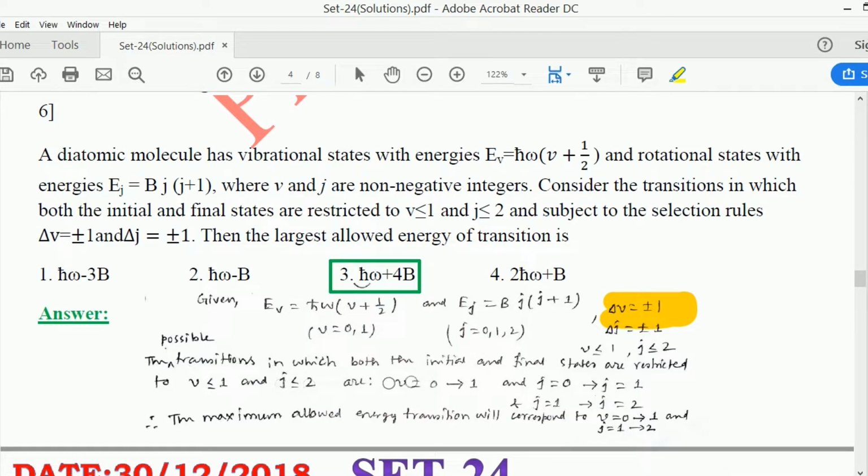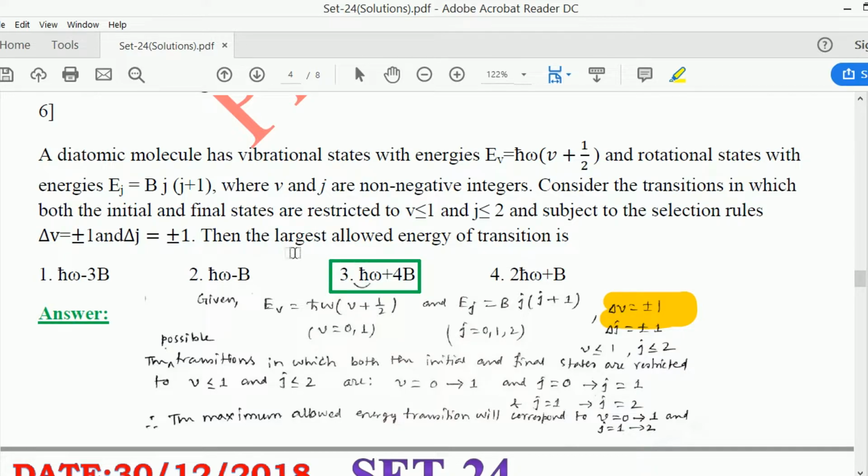The possible transitions in which both the initial and final states are restricted to V less than or equal to 1 and J less than or equal to 2 are V equals 0 to 1 and J equals 0 to 1, J equals 1 to J equals 2. So these are the transitions possible using this restriction.